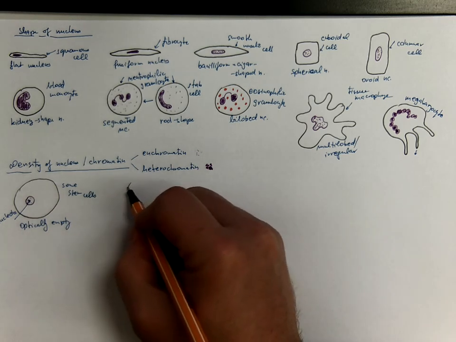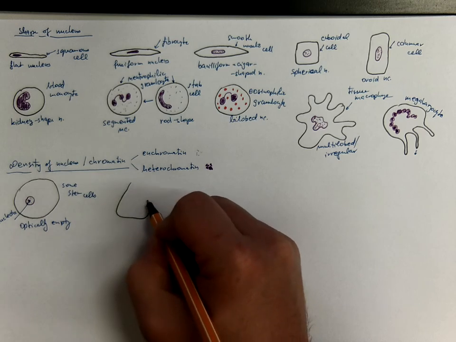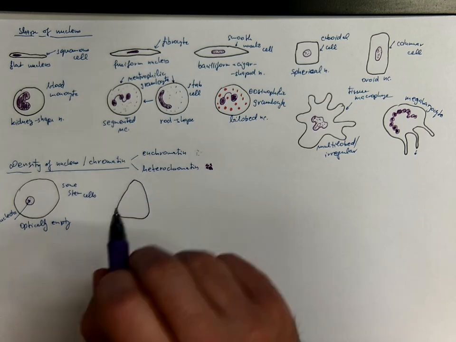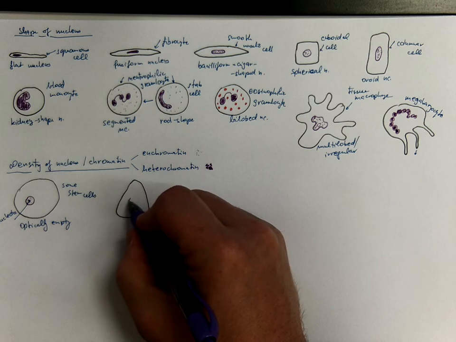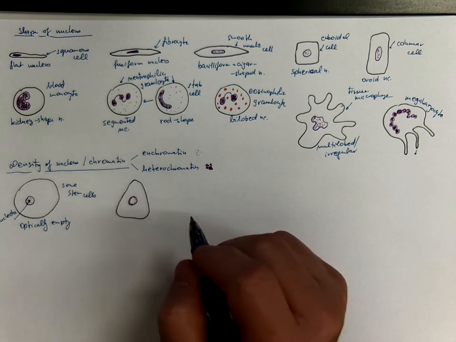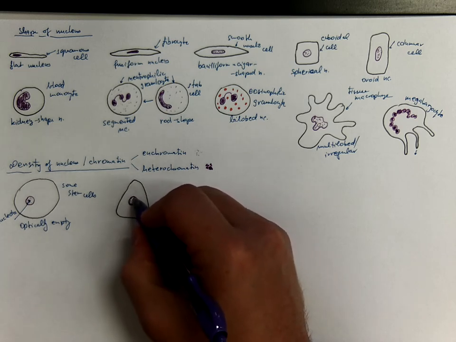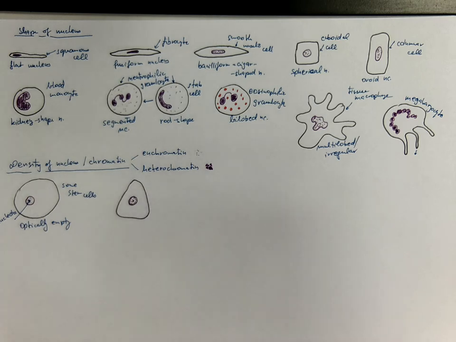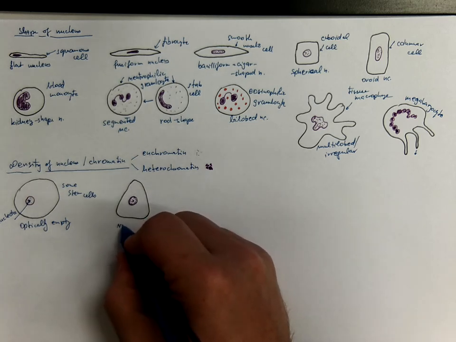Another example would be similar, still a nucleus made mostly of euchromatin, but in this case the chromatin is condensed below the nuclear membrane, and we call it vesicular nucleus.